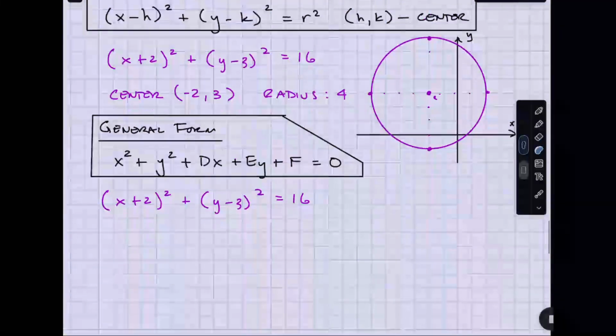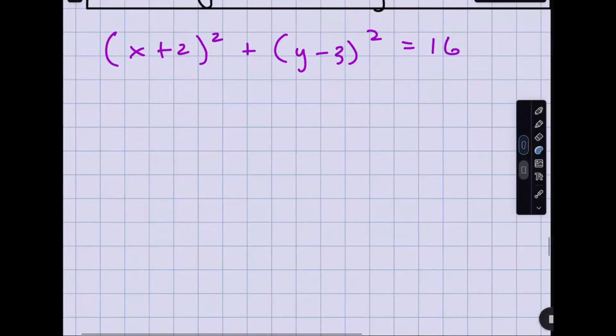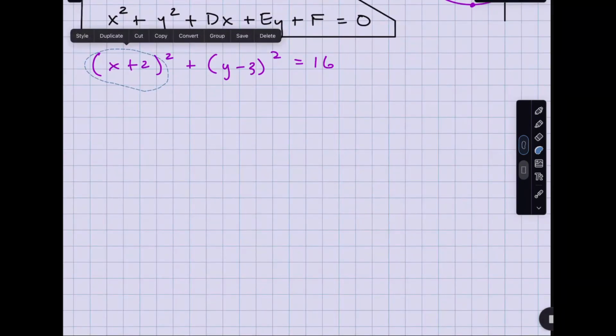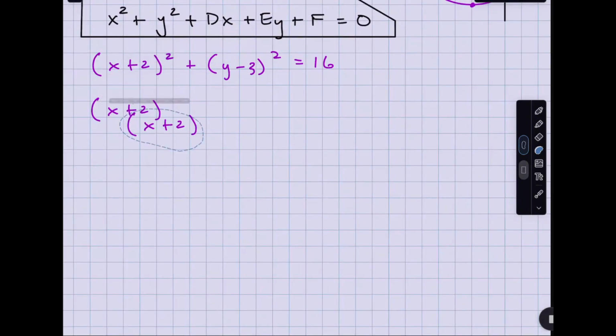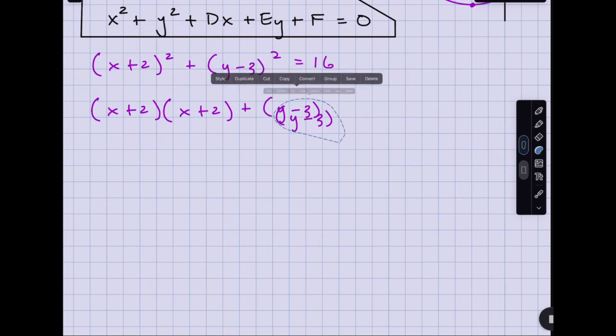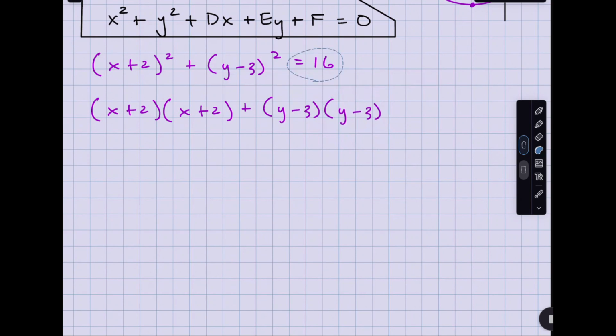This is being raised to the second power, so that means I have to write it out twice. Then I have to double distribute the first, and double distribute the second.